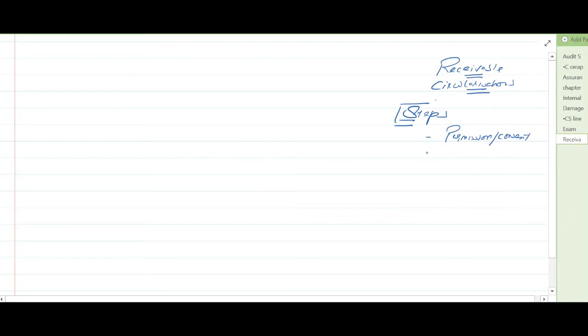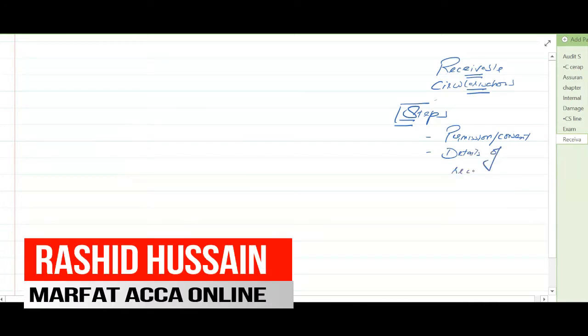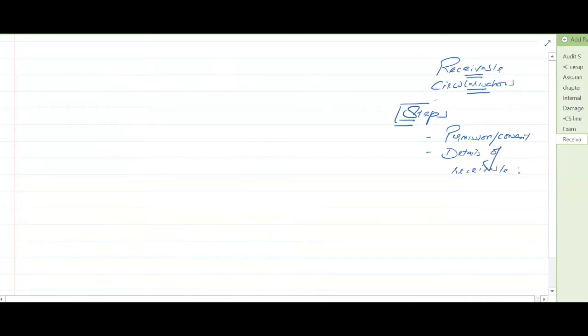The second step. Once they have given you the permission, now you need the details of those receivables. That means you need the list of those receivables to whom you are going to write. All right? And there may be many receivables, and we have to audit on a sample basis. So the third step is selecting a sample to whom you will be sending the circularization.